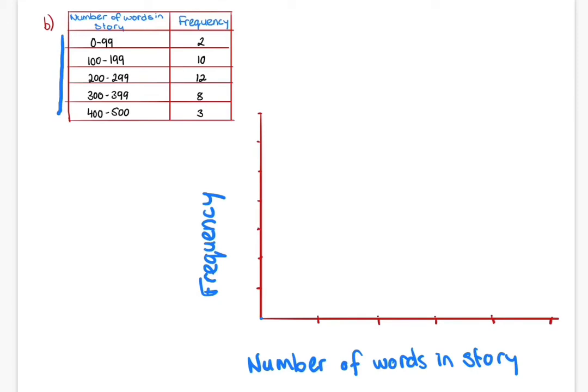These are done in intervals of 0 to 99, 100 to 199, and so on. So down here I'm going to make that 0, so that starts at 0. Then any numbers that fall between 0 and 100 will go into a bar here. Then I'll put 200, so anything between 100 and 200 goes there, and so on. That's just how that one's going to work.